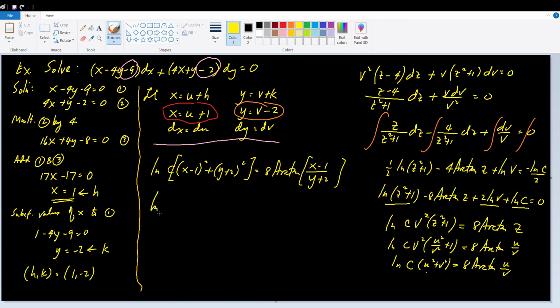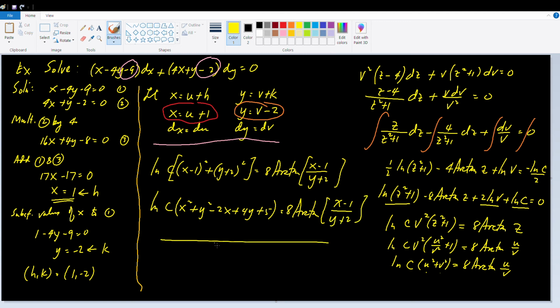So ln of c times x squared. Let me expand this. x squared plus y squared minus 2x plus 4y plus 1 plus 4, that will be plus 5, equal to 8 arctangent of x minus 1 over y plus 2. So that is our final answer.